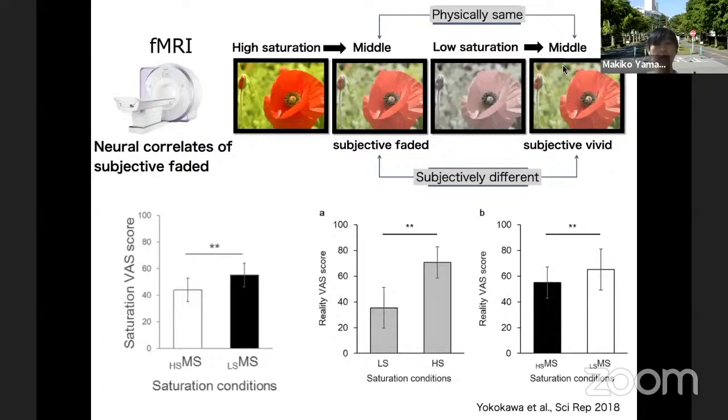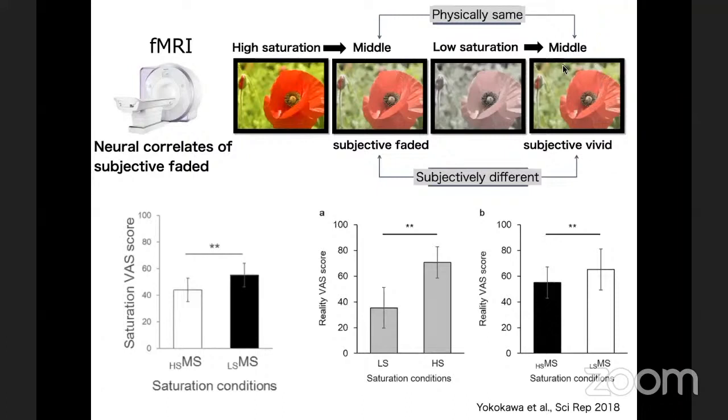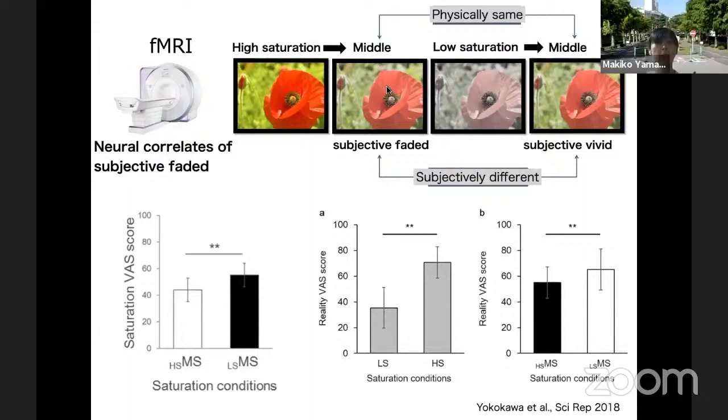These two middle saturation images are physically the same, but subjectively perceived differently. The last one, which was shown after low saturation, is a little bit more vivid than the one presented after high saturation.